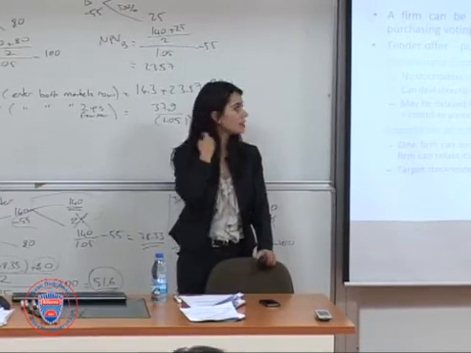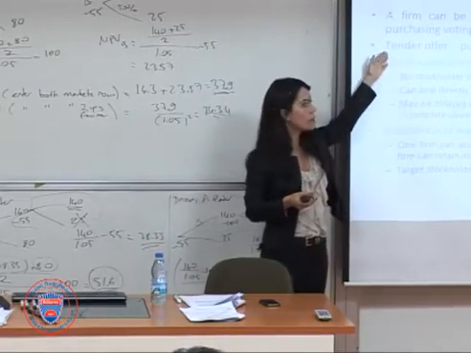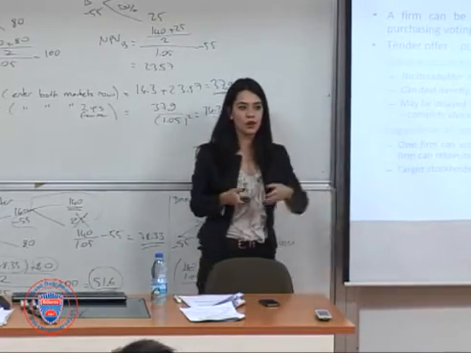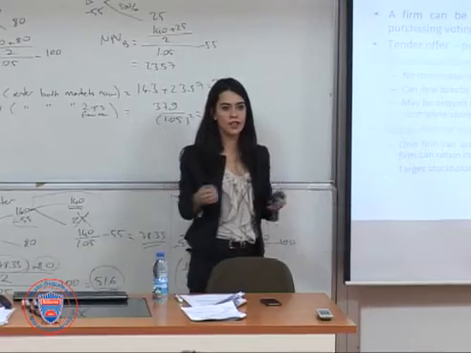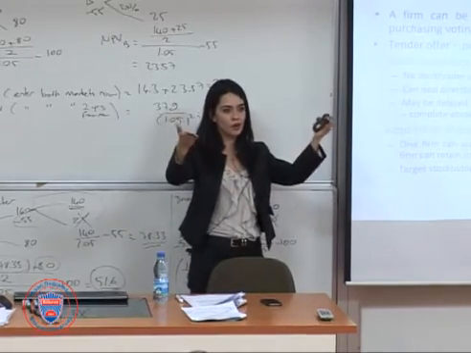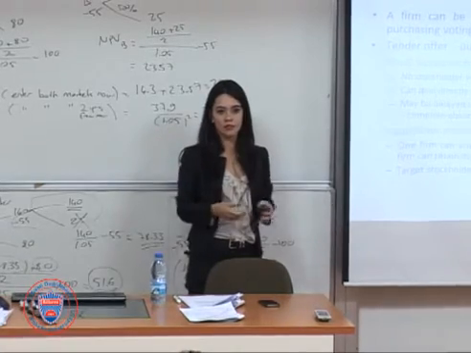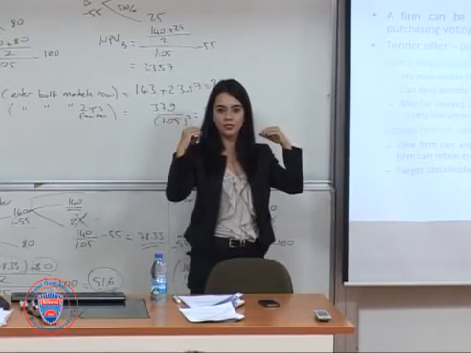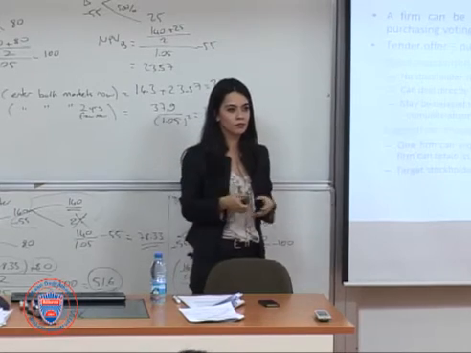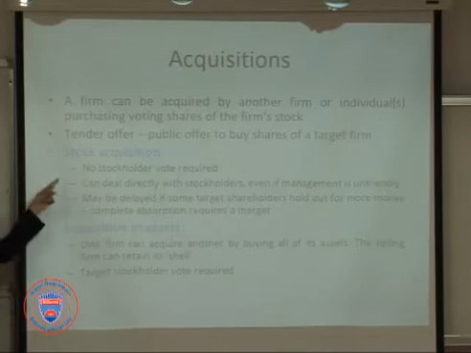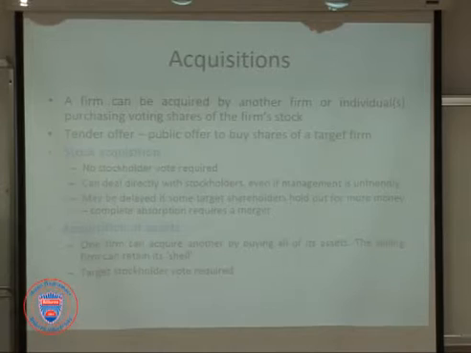And how can I do that? I can have a tender offer, which is a public offer to buy shares of a target firm. It's an open announcement. I say, if you own Alican's firm stock, I want to buy that stock from you for $60. And you consider whether you want to sell your stock to me or not. In the stock acquisition, there's no stockholder vote. You're just deciding whether you want to sell your stock to me or not.